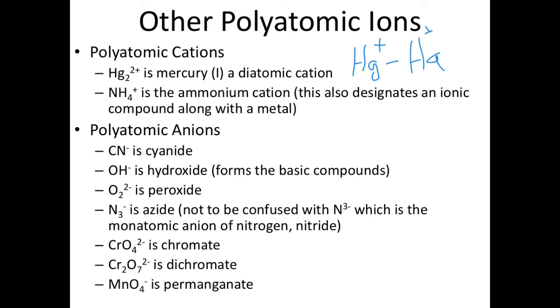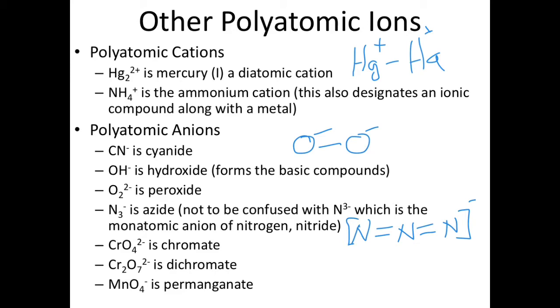O2 2- is peroxide, and it is like the mercury(I) in that two oxygens are bound together covalently, and each one has a -1 charge. Azide is N3-, not to be confused with N3-, which is the monatomic anion of nitrogen, which is nitride. Azide is 3 nitrogens bound together with a negative charge.